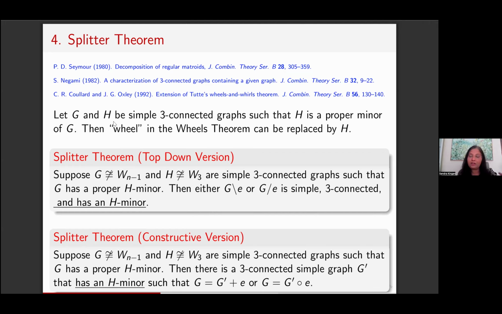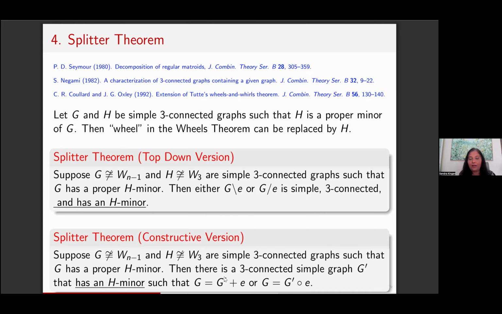You're starting with G and H, simple 3-connected graphs such that H is a proper minor, and you're excluding wheels, and of course H should not be W3. Then G delete E or G contract E is simple 3-connected and has an H minor. So this is the constructive version of that.